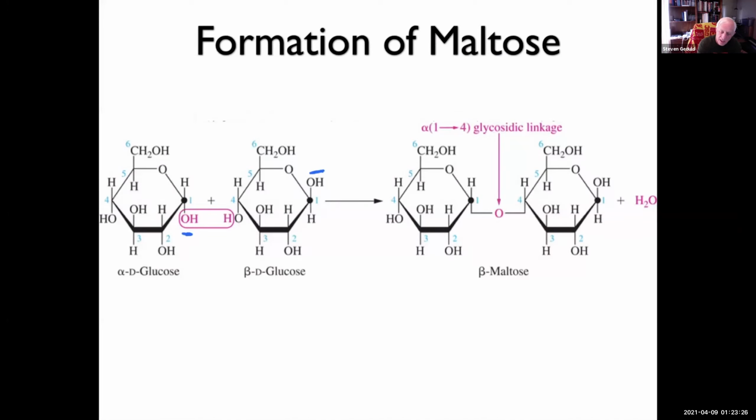It's a dehydration reaction. We're going to lose water, taking the OH here and the H here, and what we're left with is this oxygen that bonds between them. It's enzyme catalyzed, so it's a 1,4 glycosidic linkage or glycosidic bond.